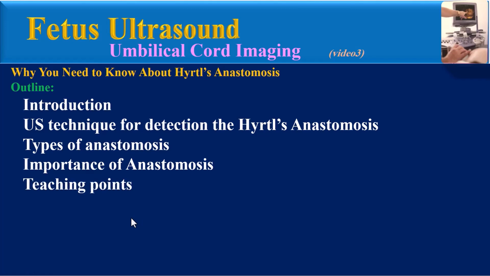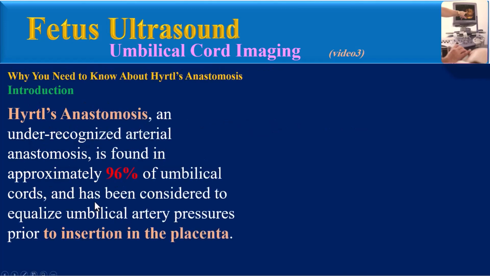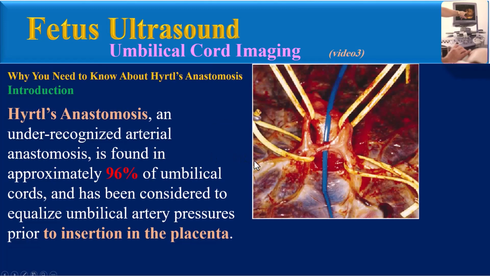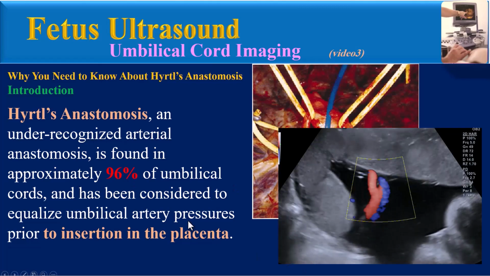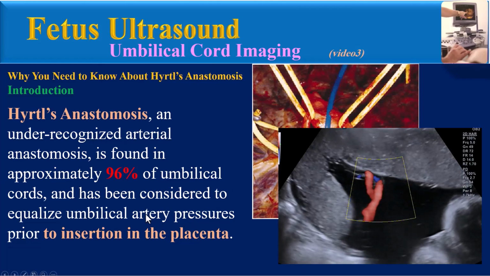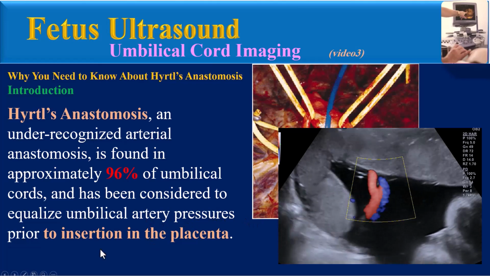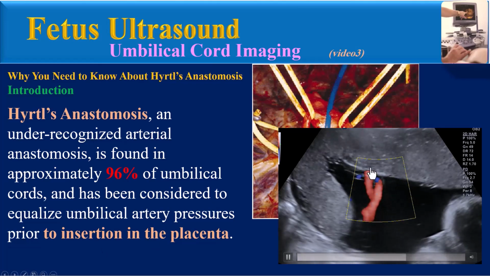At first, introduction. Hyrtl anastomosis, an under-recognized arterial anastomosis, is found in approximately 96% of umbilical cords and has been considered to equalize umbilical artery pressures prior to insertion in the placenta.